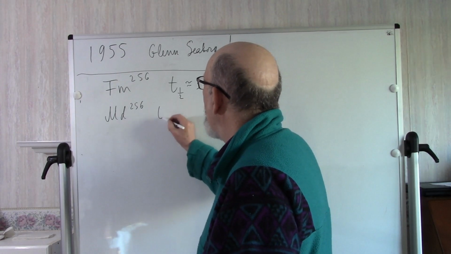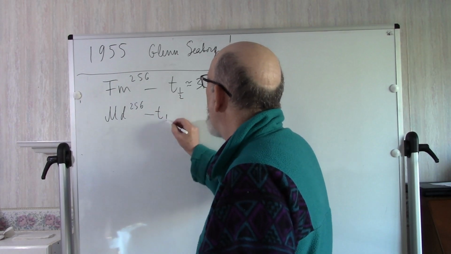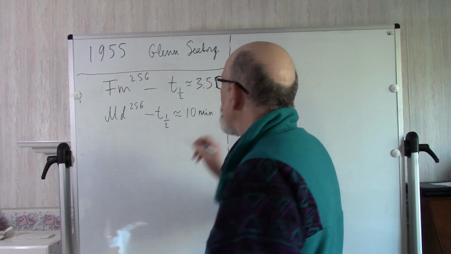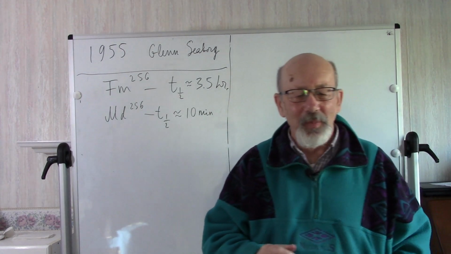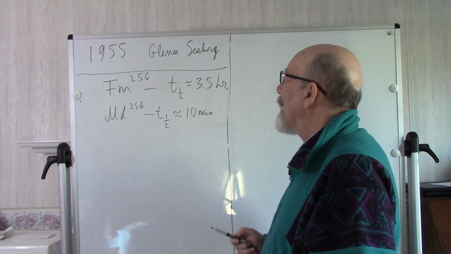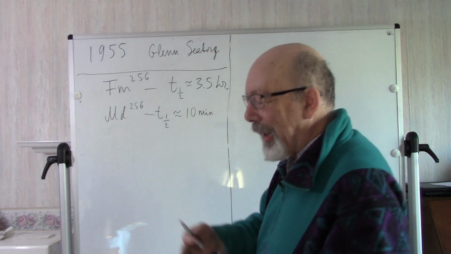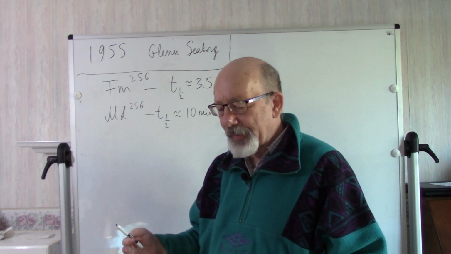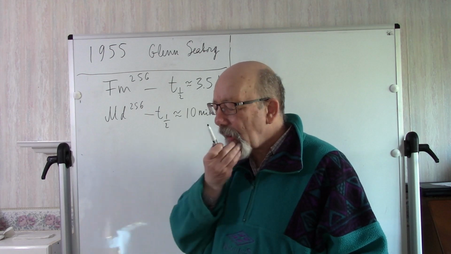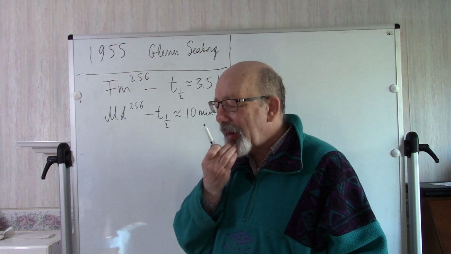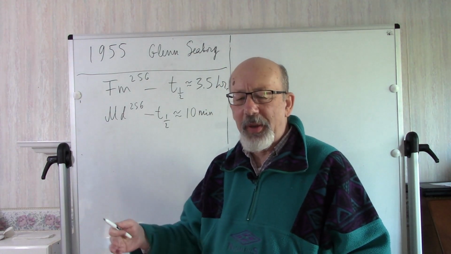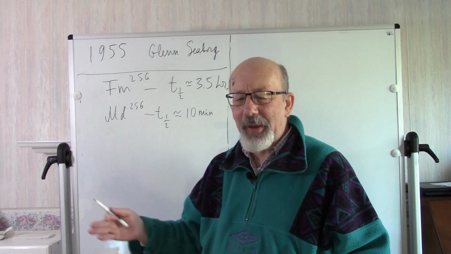For this, T1/2 is about 10 minutes. So it's very unstable. This element, Mendelevium, was obtained by bombardment of, I forgot, Einsteinium, atoms of Einsteinium, the previous transuranium element, in a cyclotron.